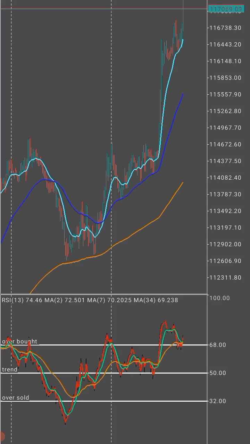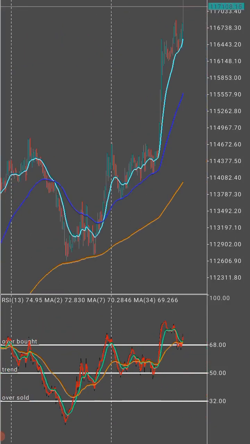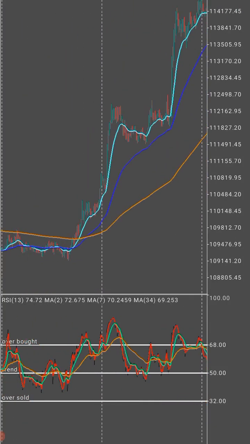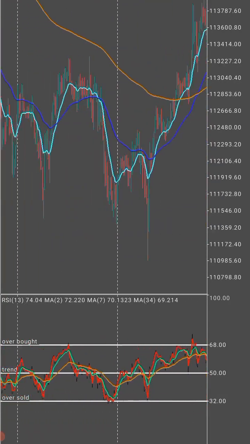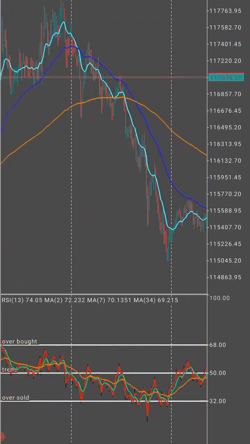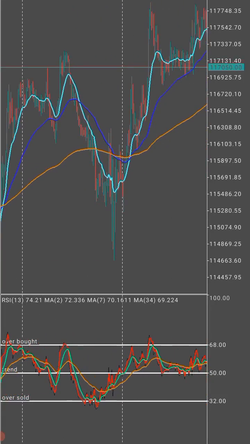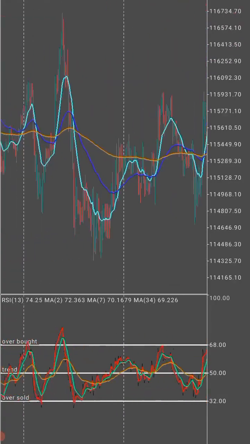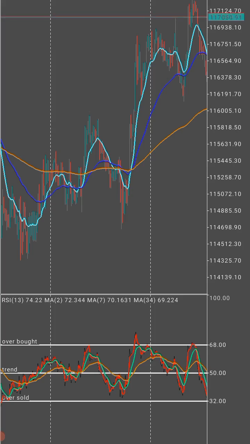I'm going to be using Bitcoin, BTC USD, in order for me to teach these trade techniques, how to go about it when your supply and demand actually fail. Now, let's look at this Bitcoin chart. Follow me quickly.